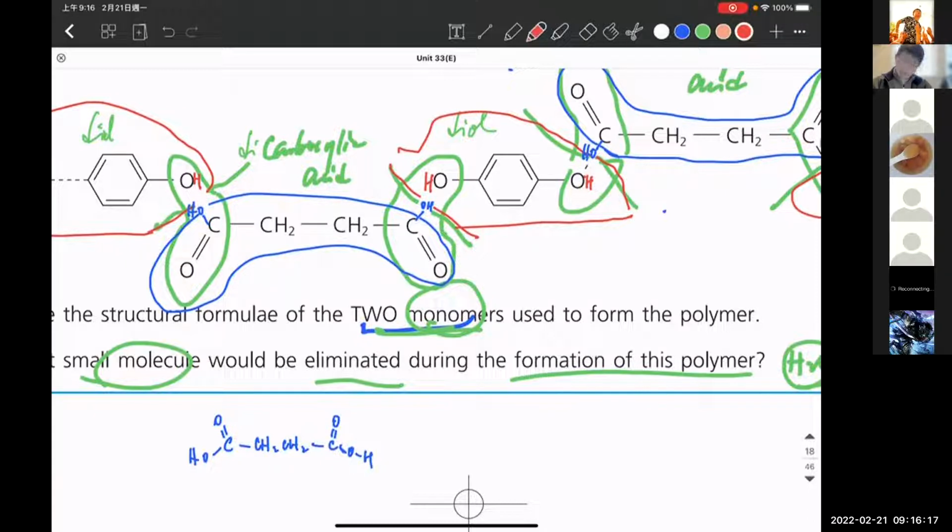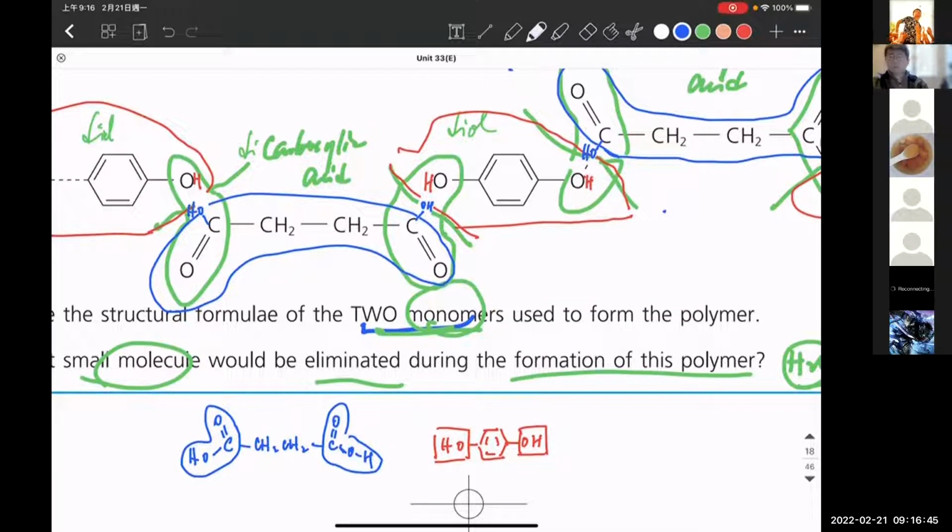The other one is the dicarboxylic acid. We have got two hydroxy groups at both ends, while for this, we have got two carboxyl groups at both ends. So that is the answer.